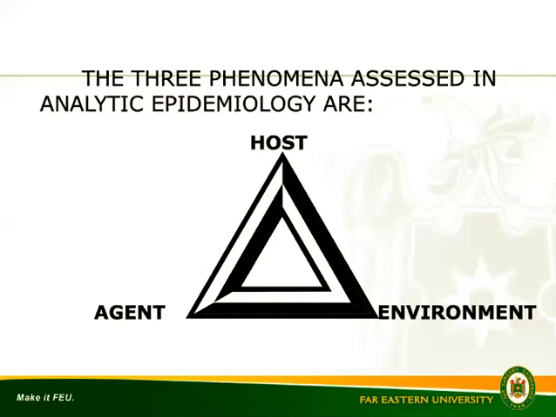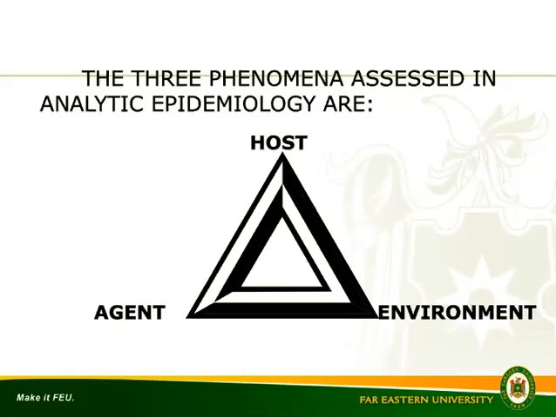An understanding of disease causation in analytic epidemiology helps in the formulation of prevention and control measures. So the disease process involves the interactions of these three kinds of factors, namely the agent again, and the host and the environment.